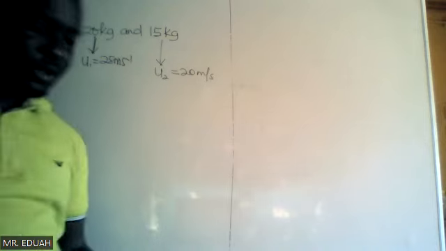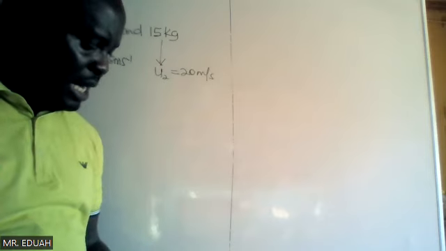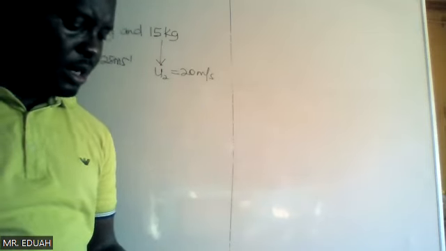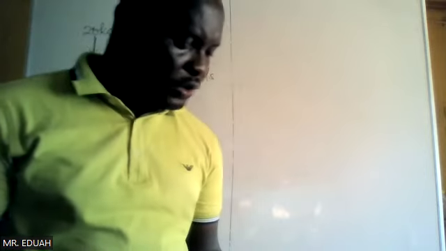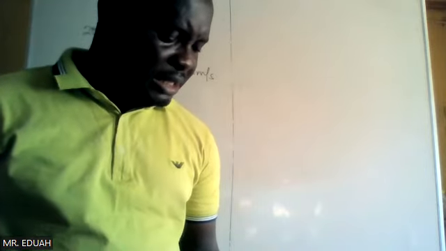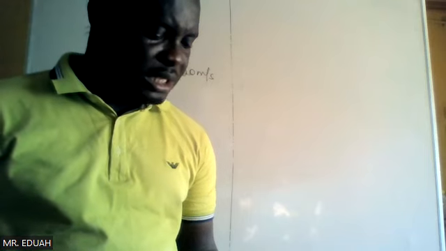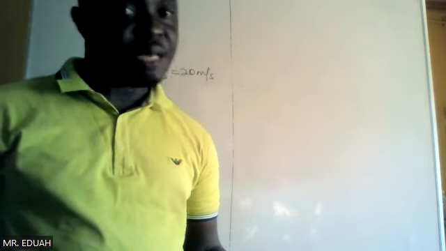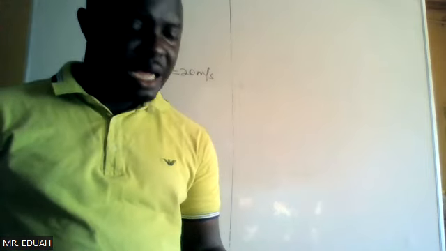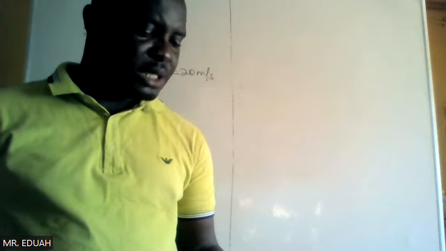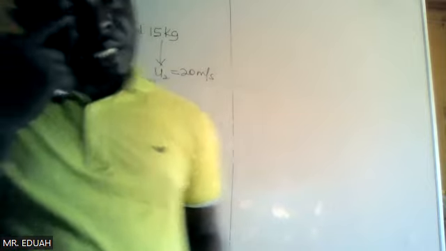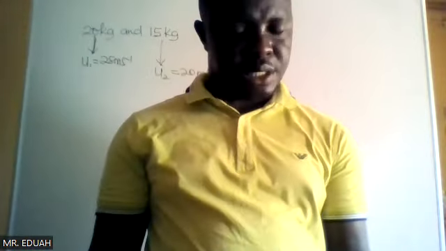The two masses collided, and after collision, they moved together. Find their common velocity if they were moving in the same direction and in the opposite direction before the collision.